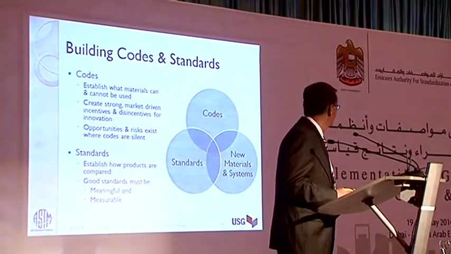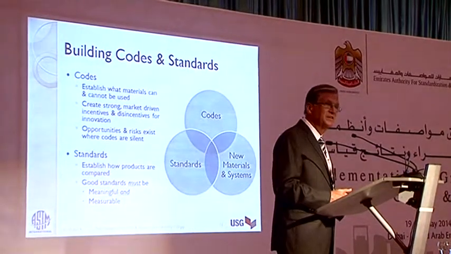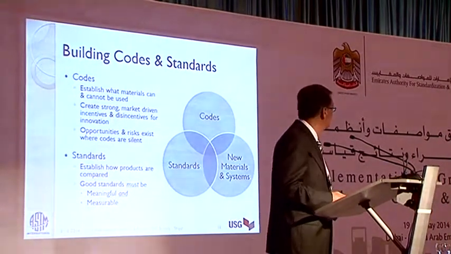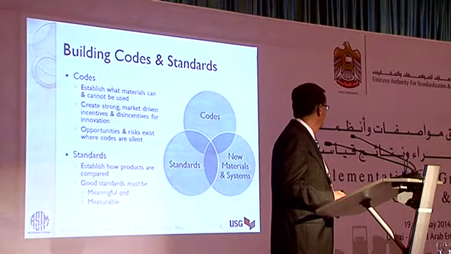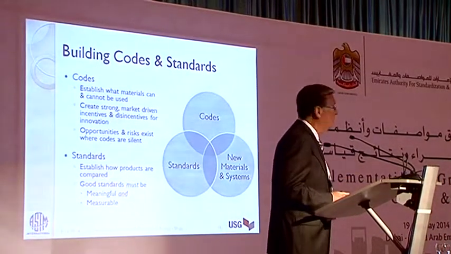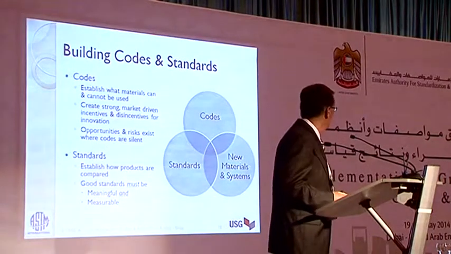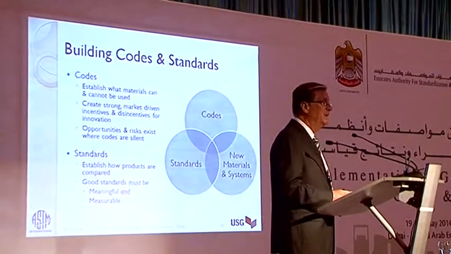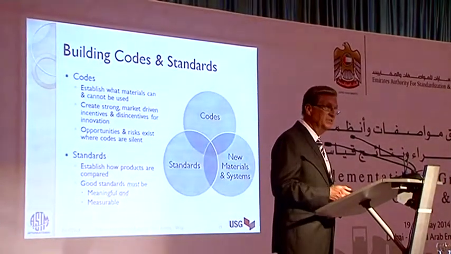Opportunities and risks exist for both the designers, the architects, and the manufacturers in the areas where the codes are silent. The role that standards play is to establish how products are to be compared. And likewise, good standards must be meaningful and they must be measurable.